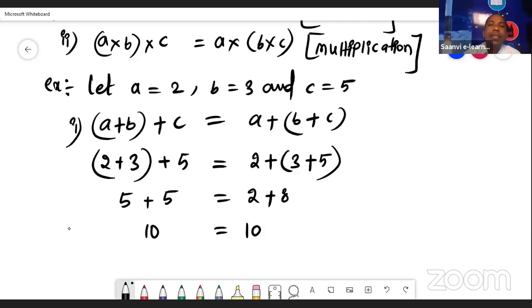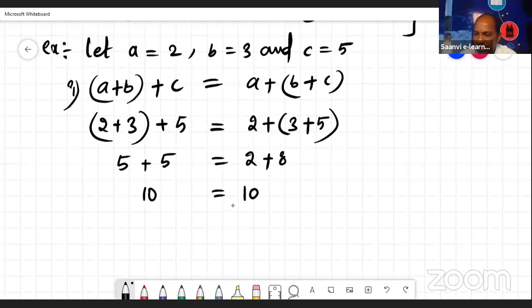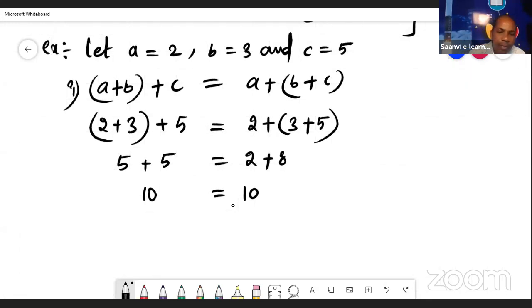So like this, for any three whole numbers a, b and c, if (a + b) + c is equal to a + (b + c), it is associative property under addition. And let us check under multiplication.